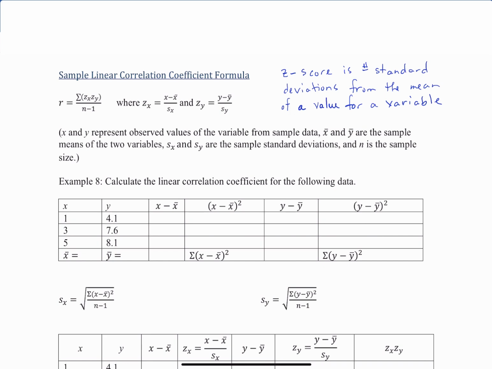So for x equals 1, 3, and 5, we're going to go 1 plus 3 plus 5 and divide by 3, and we will get 3 if you do that. For y, we'll go 4.1 plus 7.6 plus 8.1 and divide by 3, and we'll get 6.6.